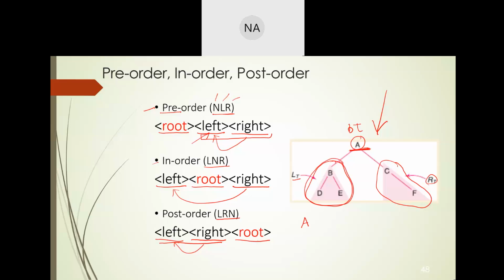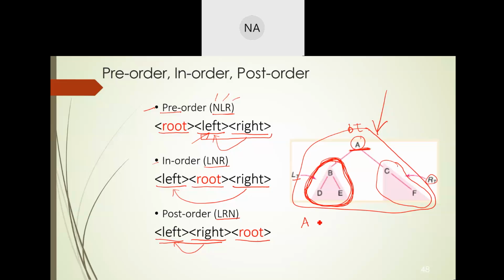Okay, now what will you do? This is a complete subtree. A subtree is a complete tree. So you will process this subtree in the same way this whole tree is processed. And how have you processed this tree?